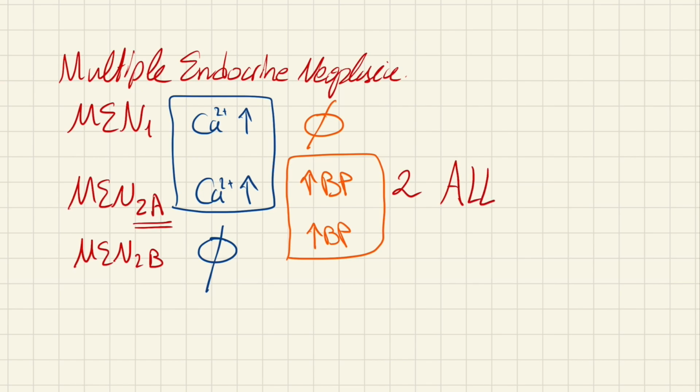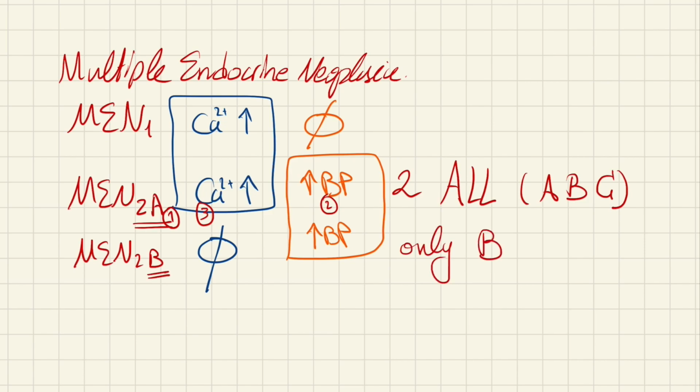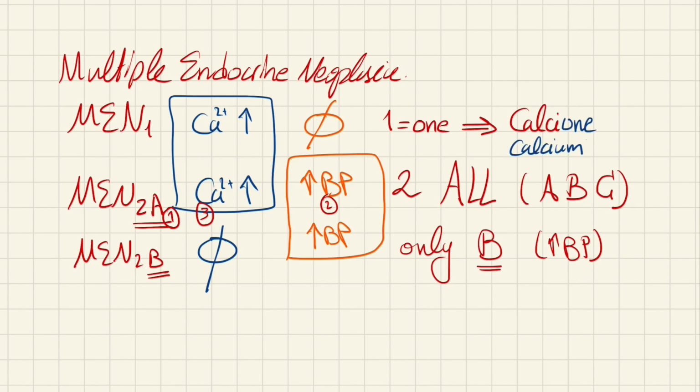And remember, in MEN 2A, remember 2 A's, so it contains all the letters A, B, and C. A is for type A, B is for blood pressure, and C is for calcium, the hypercalcemia. A, B, C, it's MEN 2A. MEN 2B is B alone, so it's only blood pressure. In type 1, it's only calcium, hypercalcemia alone.